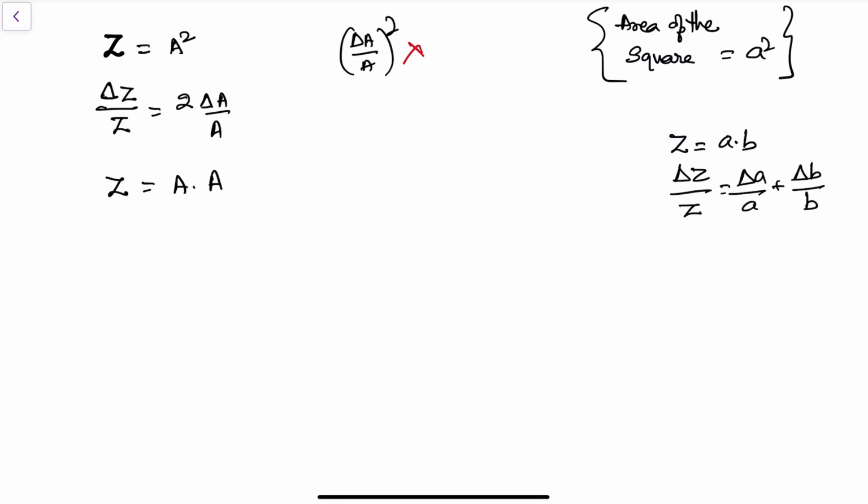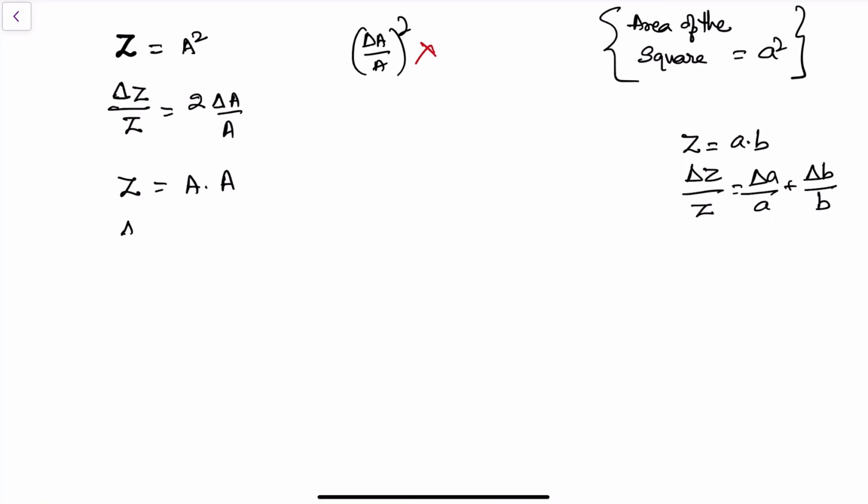You apply the same here. Delta z by z is equal to delta a by a plus delta a by a, so delta z by z is equal to 2 into delta a by a.